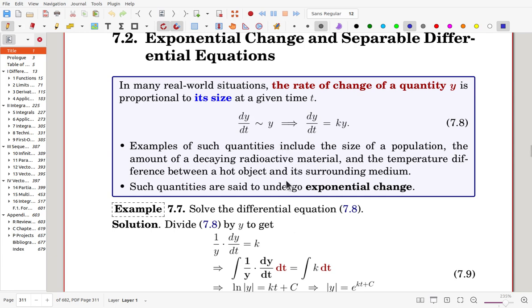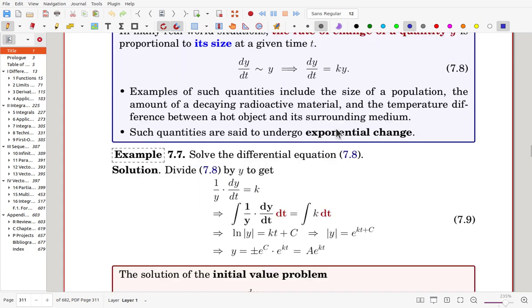First, we'll try to solve this differential equation. In the first step, we divide the equation by y, then we can get this equation. Now we integrate both sides with respect to t.